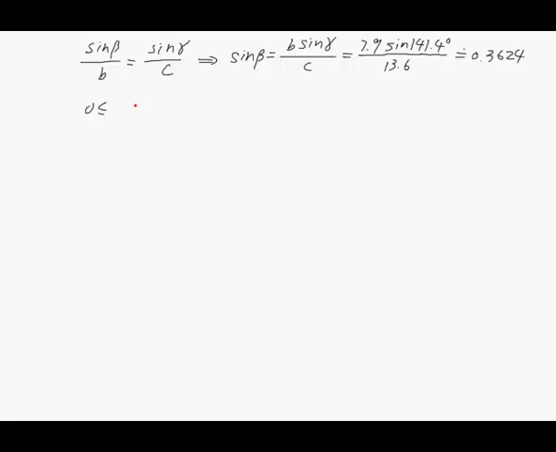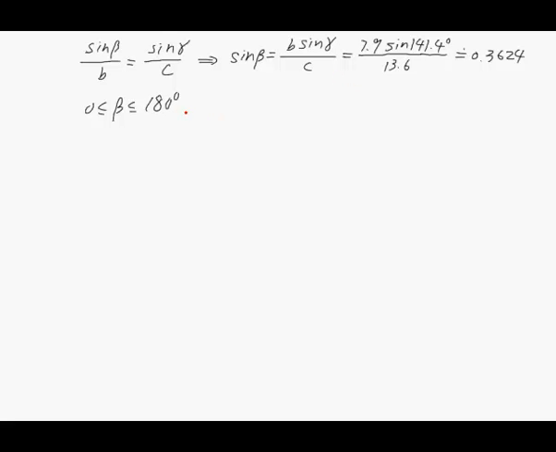when you try to solve this equation, for beta between 0 and 180 degrees, actually not equal to 0 or 180 degrees, then you can have two solutions for these equations.